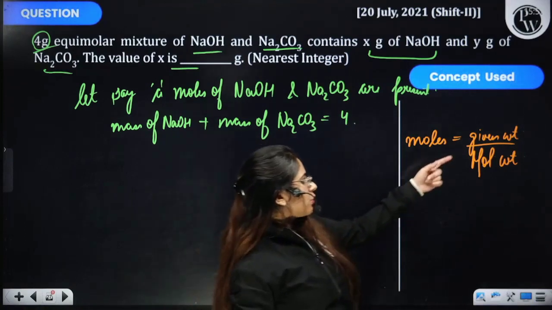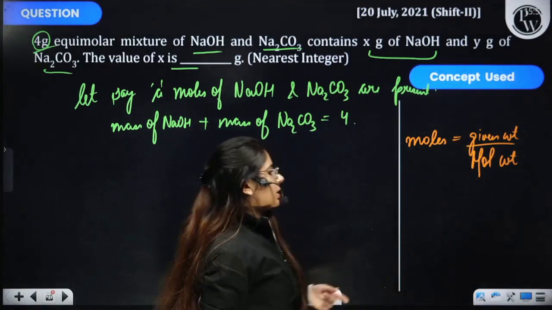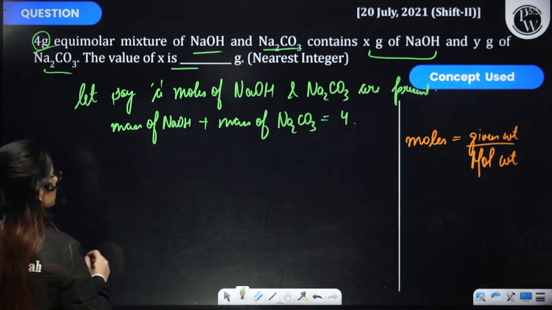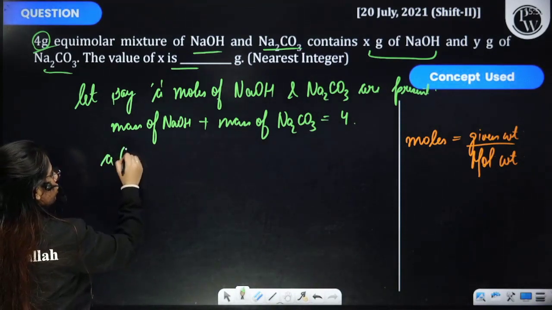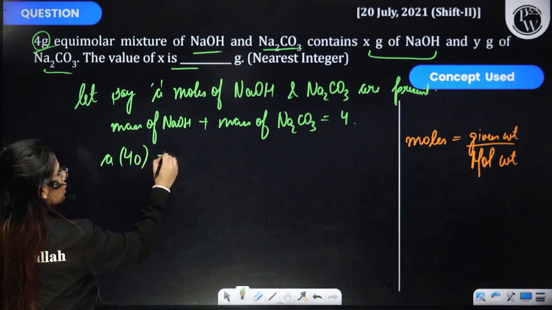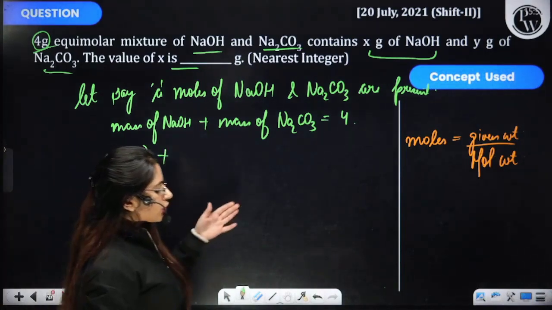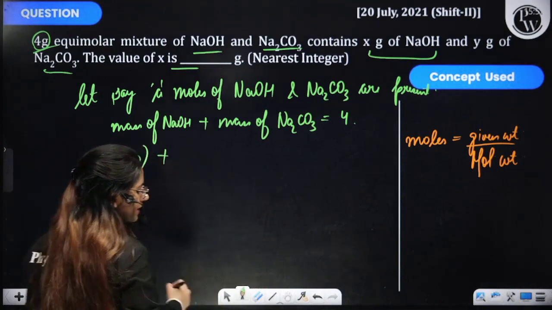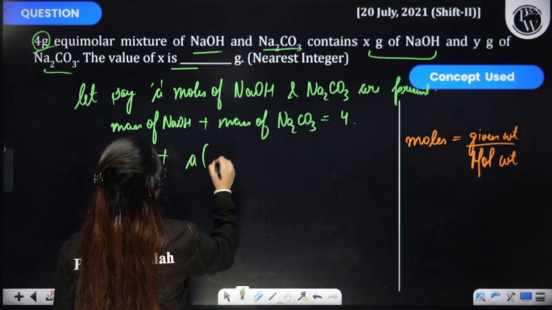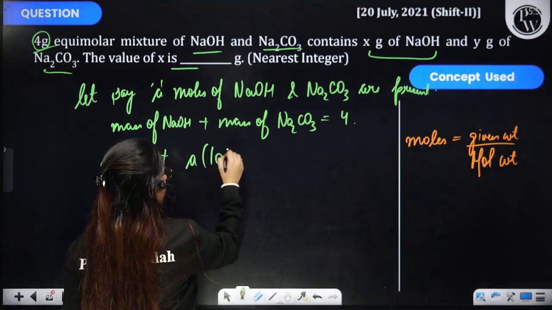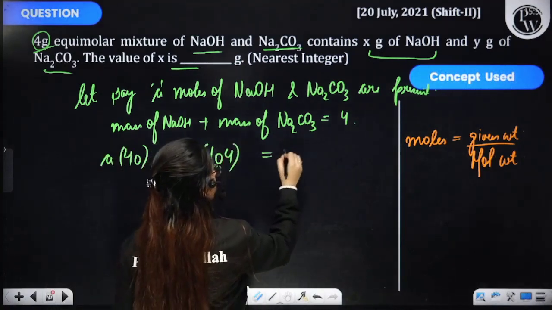Now mass is equal to moles into molecular weight. Moles we have supposed to be A, and the molar mass of sodium hydroxide is 40 gram per mole. Further, if I talk about sodium carbonate, then A times its molar mass, 104 gram per mole, is equal to 4.